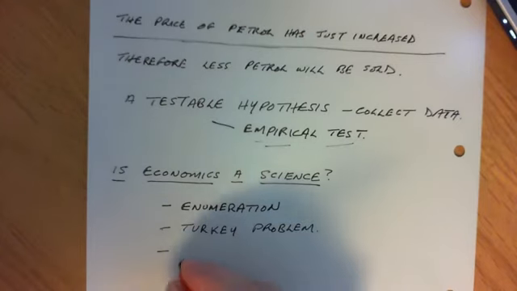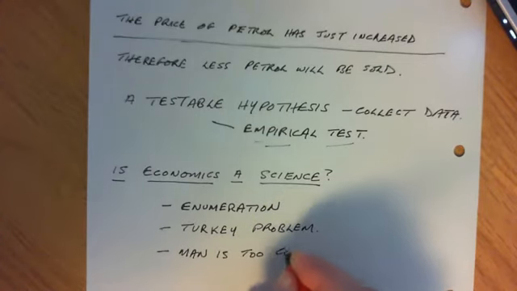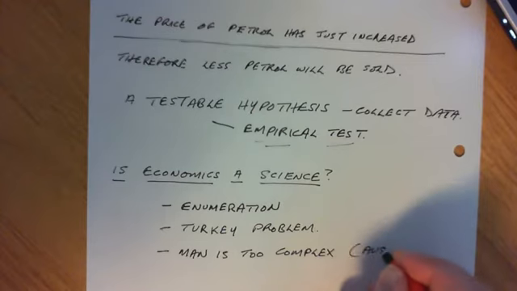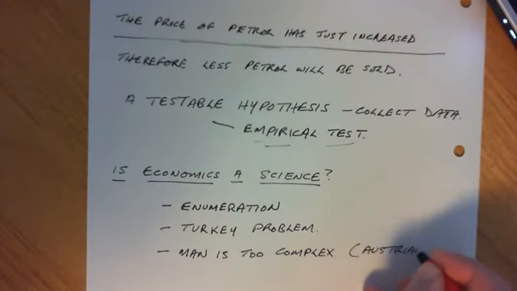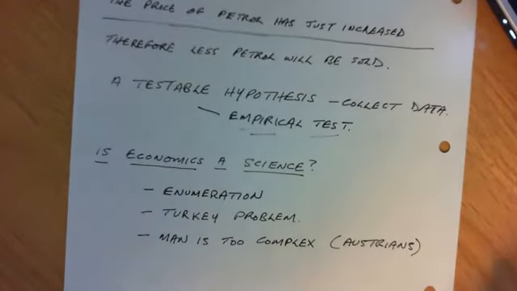We have an issue that man is too complex. This is often associated with a school of economics known as the Austrians. Nothing really to do with the country Austria, more to do with the fact that they started in Austria in the 1870s, and they went down a slightly different road in economics to everybody else.